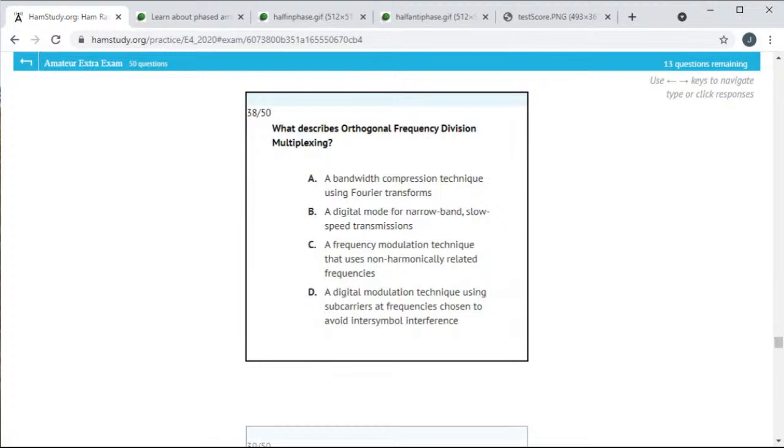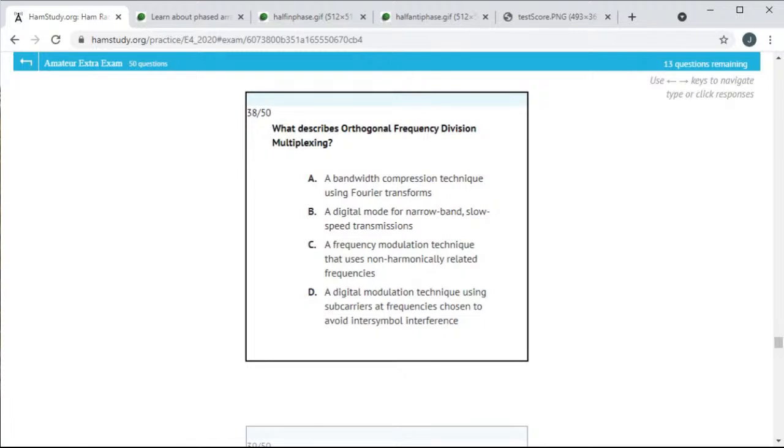What describes orthogonal frequency division multiplexing? Ouch. That's a lot of big words. A, a bandwidth compression technique using Fourier transforms. B, digital mode for narrow band slow speed transmission. C, a frequency modulation technique that uses non-harmonically related frequencies.